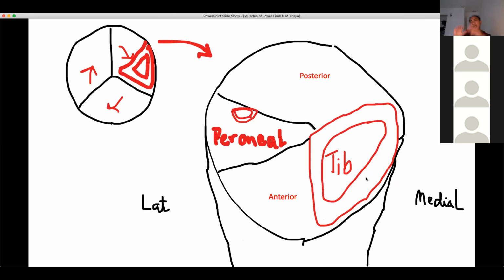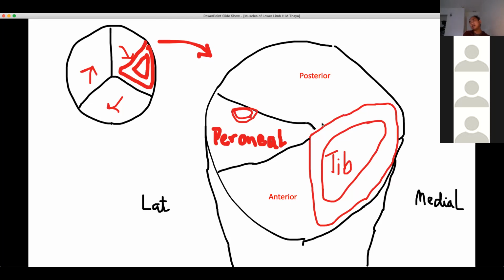And now we are dividing into 3 compartments on cross section. We have the anterior compartment, the posterior compartment, and the peroneal compartment. I have drawn a little bone here. This is what we call the fibula. The fibula is inside the peroneal compartment. And the intermuscular septum runs from the tibia to the skin.